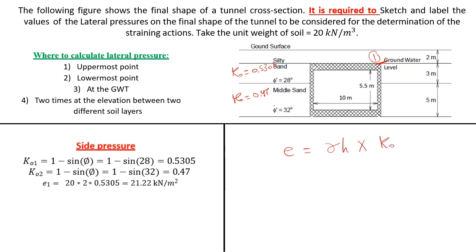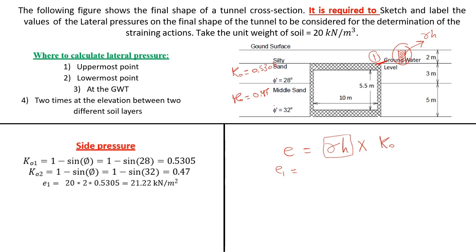So for point number 1, E1, you will have to compute the effective vertical stresses, which is actually the stresses due to the own weight of the soil above this point. So the own weight of the soil above this point is gamma H, where gamma is the unit weight of the soil.